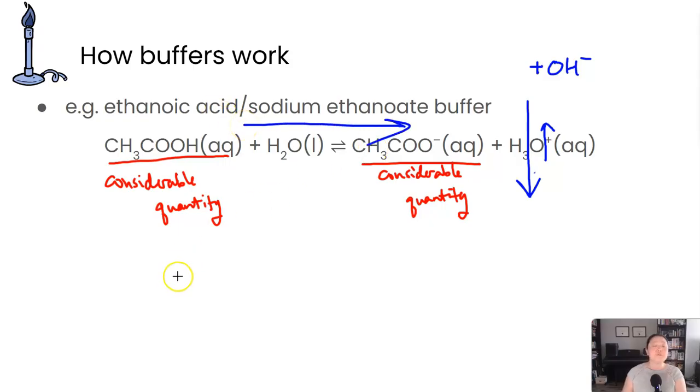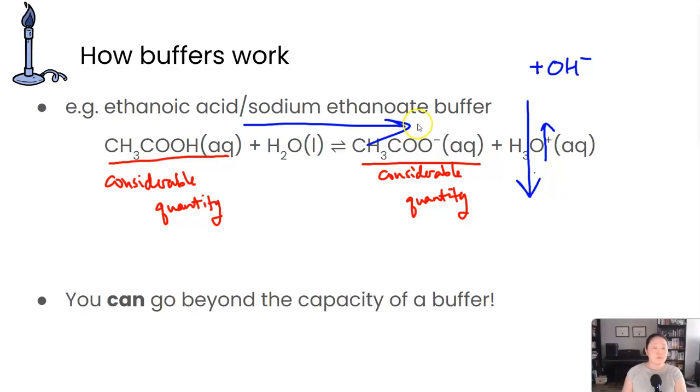This can shift to the right, and so you're going to be raising the hydronium ion concentration a little bit after that initial splash of hydroxide. So you did add base, and that would have lowered that hydronium ion concentration, but because of Le Chatelier's principle, you're not going to be reducing it as much as the hydroxide you originally put in.